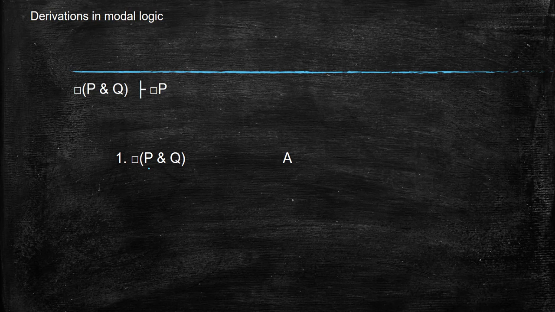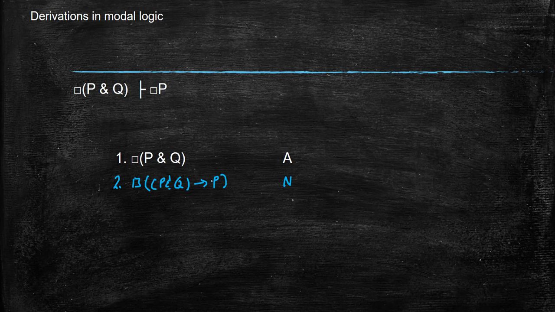So we assume that necessarily P and Q, and we know that it's necessarily the case that if P and Q, then P, because if P and Q, then P is a theorem proved in propositional logic, and the N rule, which does not cite a line, by the way, allows us to assert that with a box. So necessarily, if P and Q, then P.